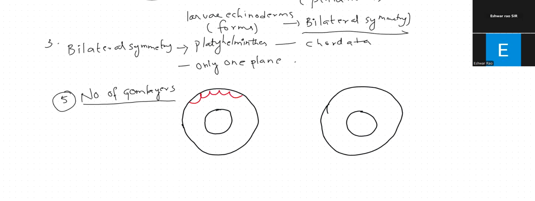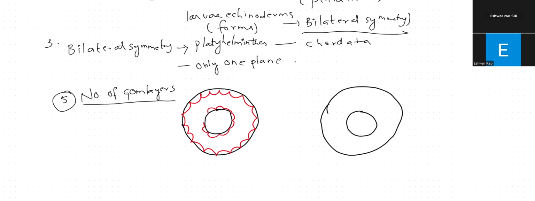Very many cells are present like this, where this layer is called ectoderm. And here also some few cells are present, called endodermal cells.